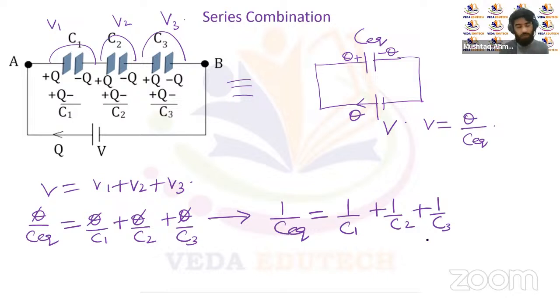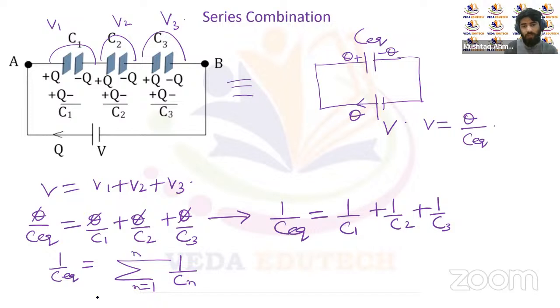It means that in case of capacitors in series, the reciprocal of the equivalent capacitance is equal to the sum of the reciprocals of all individual capacitors. If we have n capacitors, we can rewrite it as 1 upon C equivalent equal to the summation of 1 upon Cn, where n runs from 1 to n.